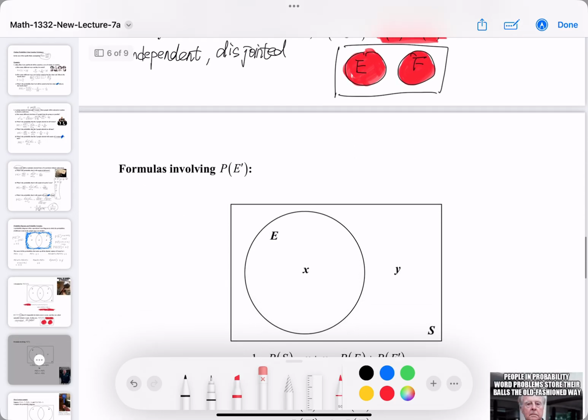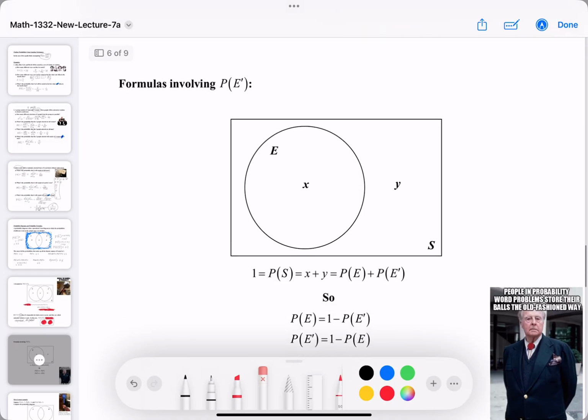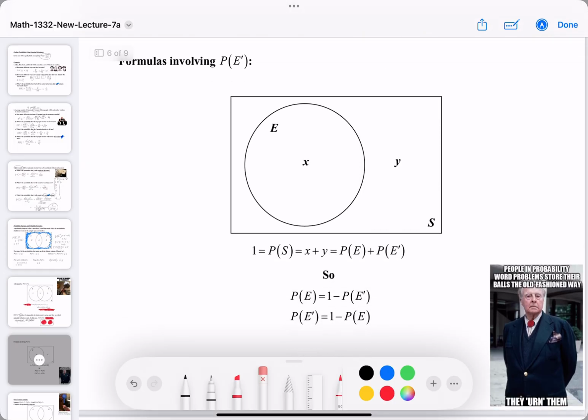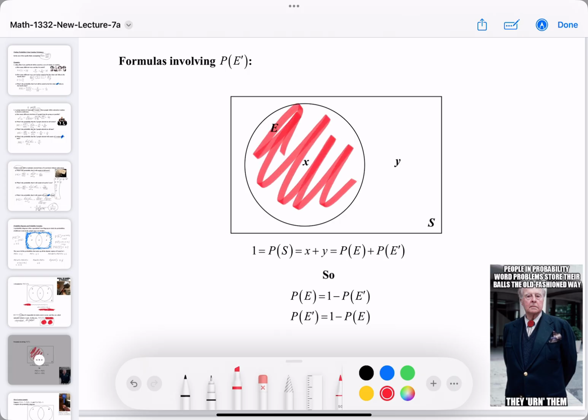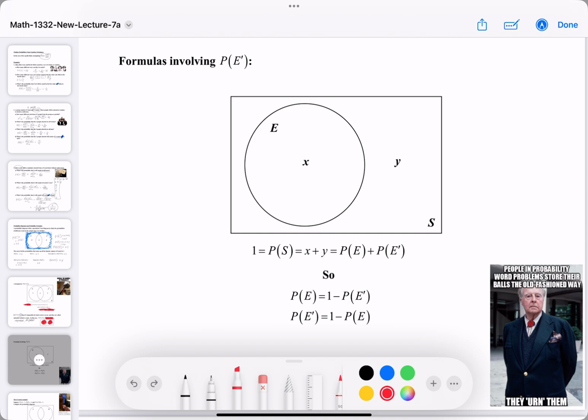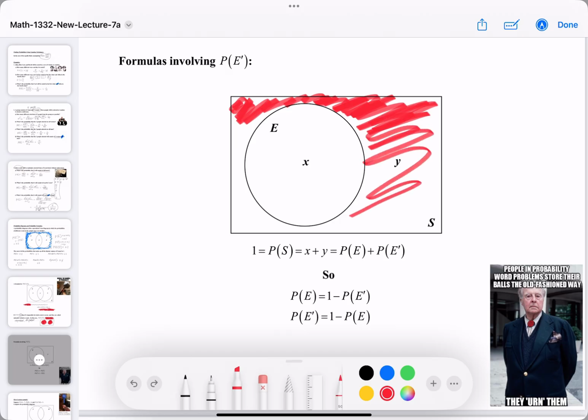Okay, let's see next example. Formula involving P of E prime or the complement of E. So we are having an E here. What is the complement of E? That is still in the sample space, but is not E. So it is the shaded area here.